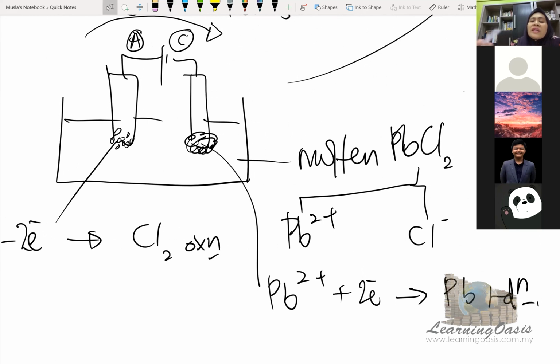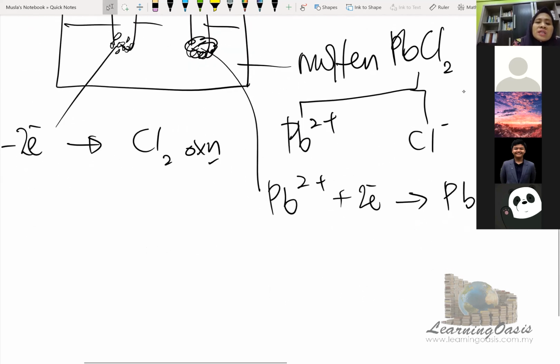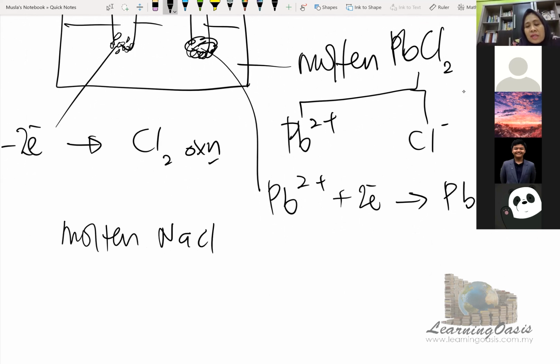Now, if I give you molten sodium chloride, what do you get? Now change this into molten sodium chloride. What ions are present again? Sodium and chloride. Na plus and Cl minus. Okay, and Cl minus will go to the anode.